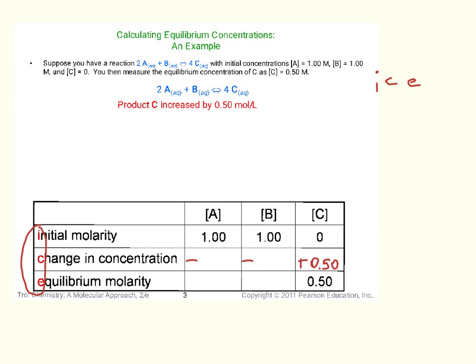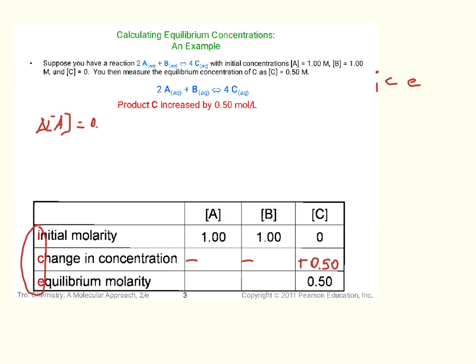Now let us deal with numbers and figure out the change in concentration of A. The change in concentration of A is proportional to the change in concentration of C, and this proportion is hidden in stoichiometry.